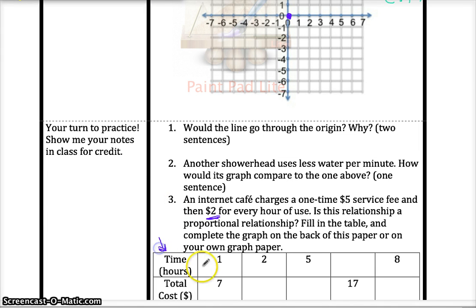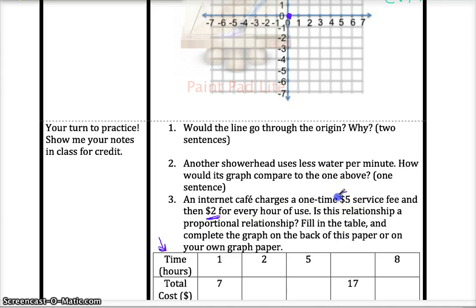And let's take a look at that real quickly, because it's saying a $5 service fee. So anyone who uses the internet at least once in that cafe has a $5 service fee, and then they get charged $2 for every extra hour of use. So for 1 hour of use, the common mistake on this problem is to write 2 here because they only spent 1 hour, and so it's $2 for every hour of use.